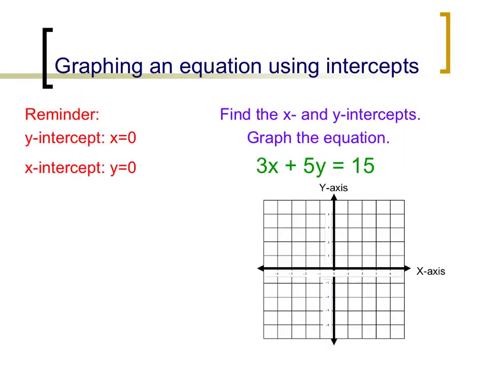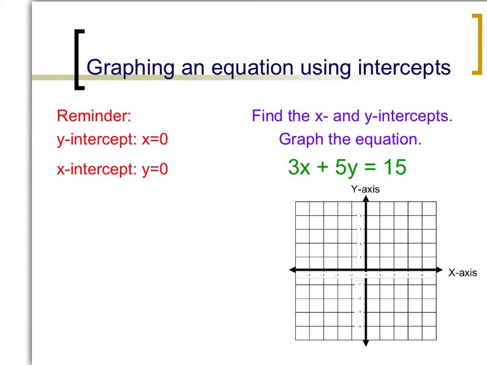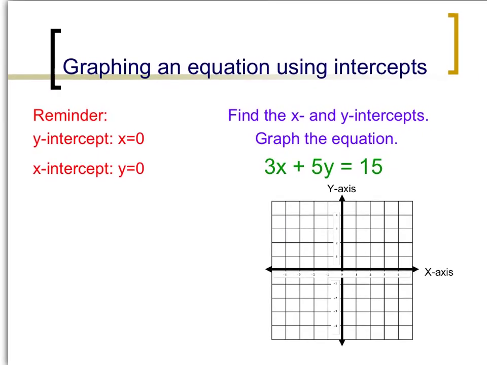Okay, in order to graph an equation using the x and y intercepts, we want to remember that when a graph crosses the x-axis here, the y value is 0. So to find the x-intercept, we simply plug in 0 for y. The same thing is true when our line crosses the y-axis.